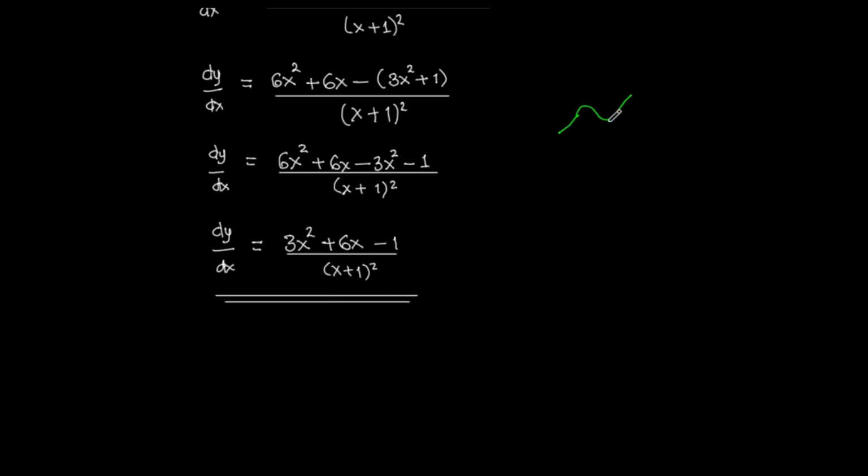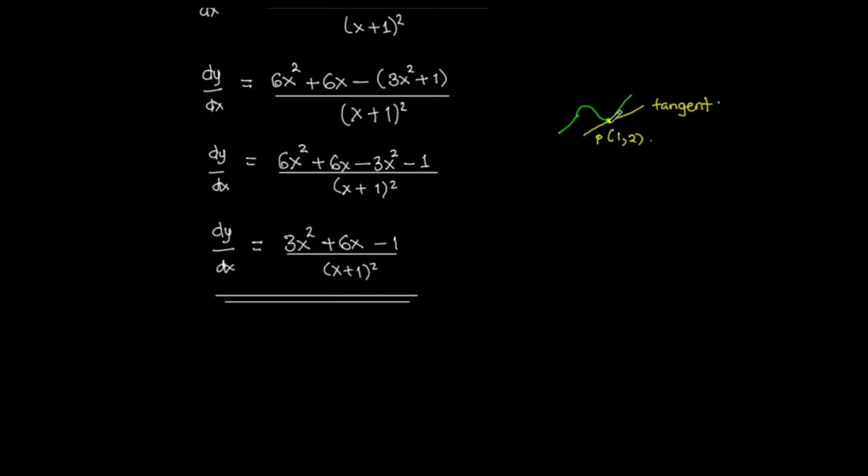Then this is our point, and under this point here we have a tangent, and this tangent and the curve have the same point, maybe say P, with coordinates of (1, 2).